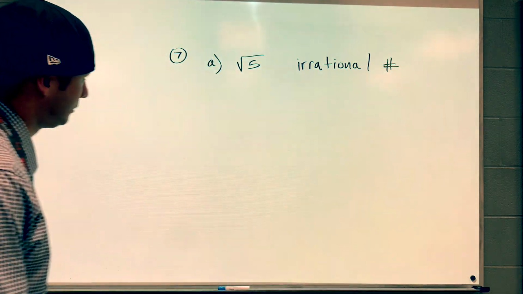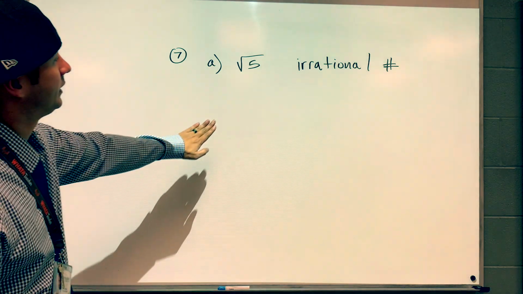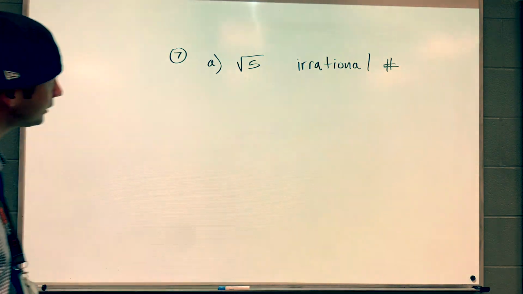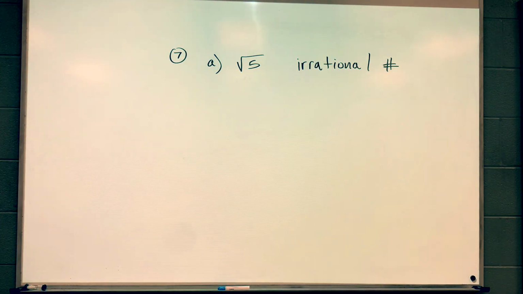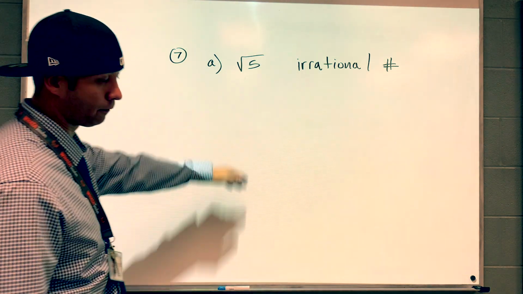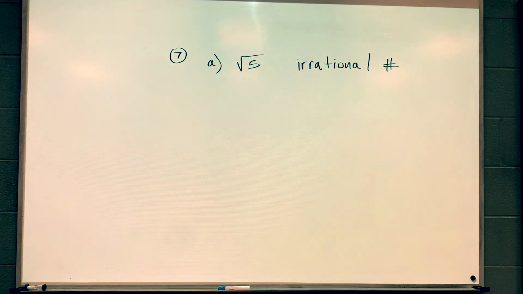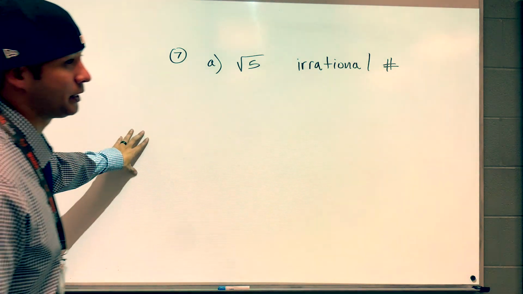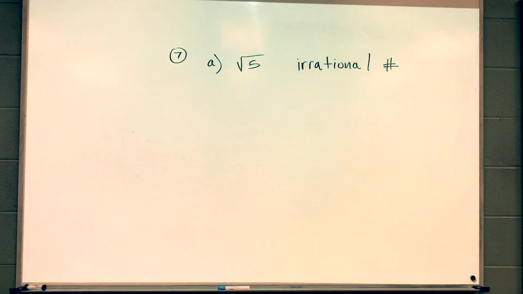It's irrational, meaning this is going to return a decimal value that will never repeat and never end. It's irrational, kind of like pi, 3.14. Root 5 is going to be definitely more than 2, but less than 3. So 2 point something, but it's irrational.